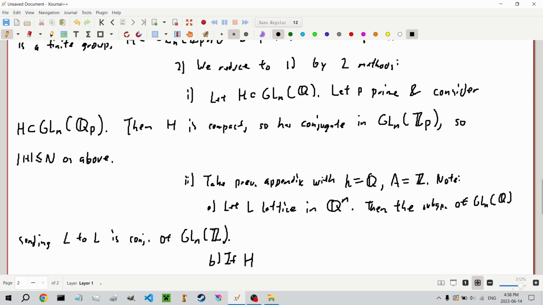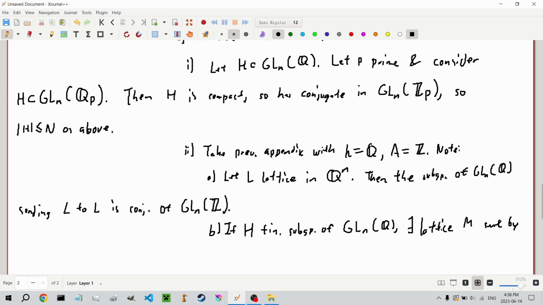If H is a finite subgroup of GLn(Q), there exists a lattice M sent by H onto itself.